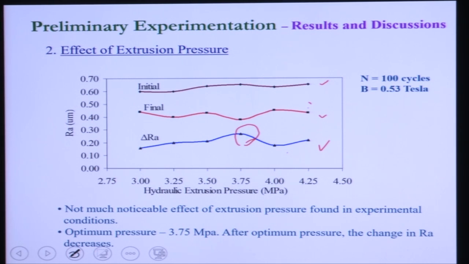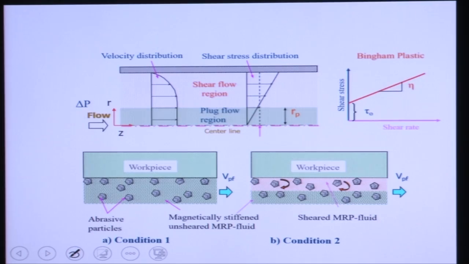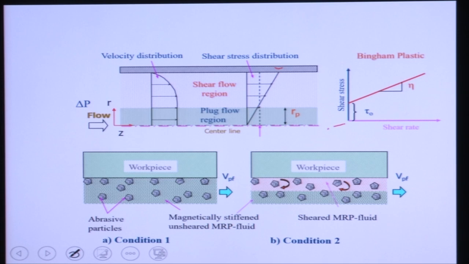We can give the reason here. Consider the cylindrical wall; we are showing one half of the cylindrical cross section. This is the central line, and this is the wall.